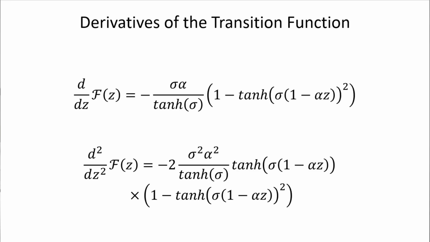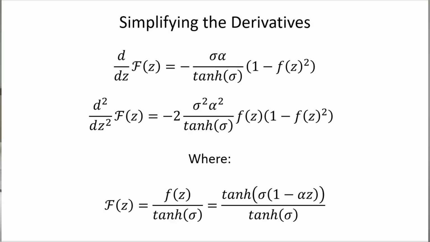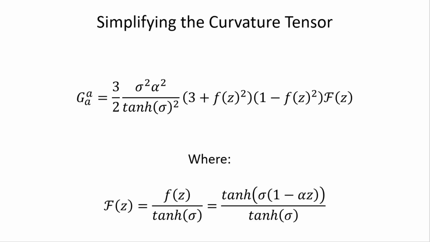Next, we need to plug in our derivatives for the transition function, and they're presented here in this slide. And I'm going to simplify the derivatives by taking our transition function and having it equal to a hyperbolic function divided by a normalizing factor. Our simplified curvature tensor now looks like this.